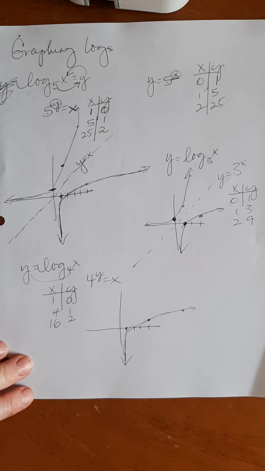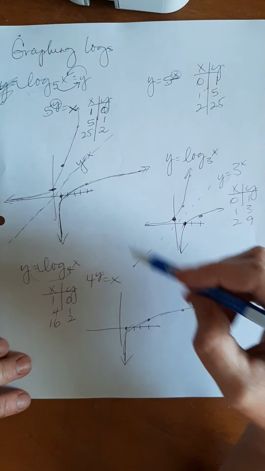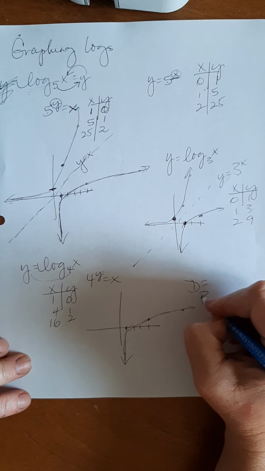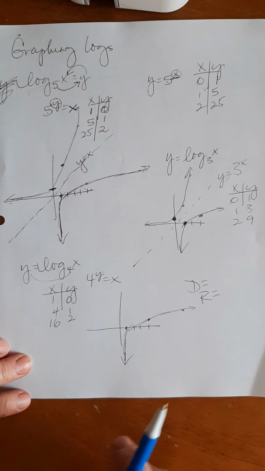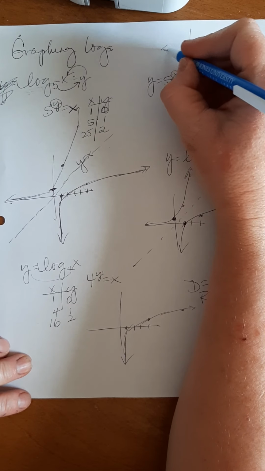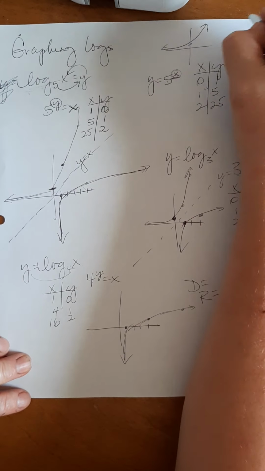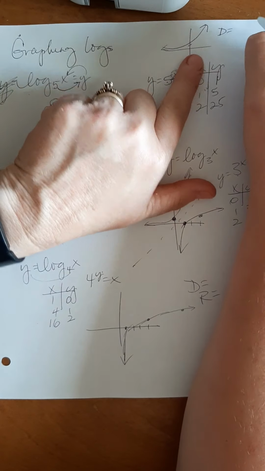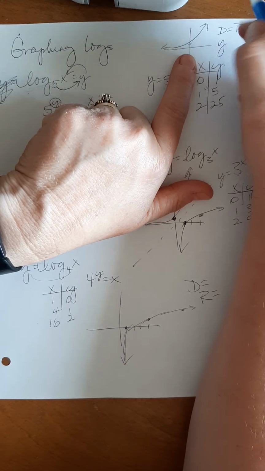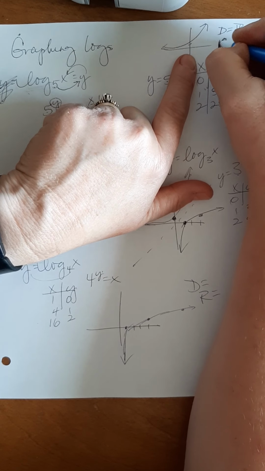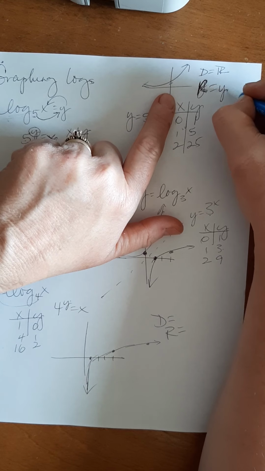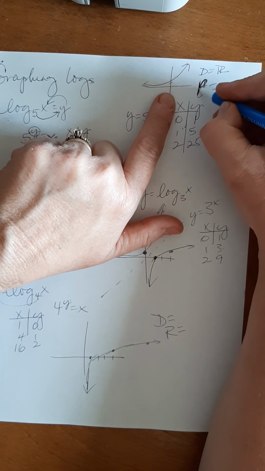Now, I know you're wondering, is there a catch? Well, before I do that, for logarithms, let's just do domain and range. Notice how on exponential, I'll just do a rough sketch. Remember, your domain on exponential was always all reals, and as long as it wasn't shifted anywhere, your range was y greater than 0.